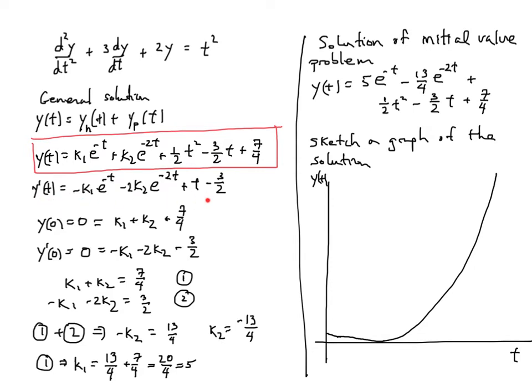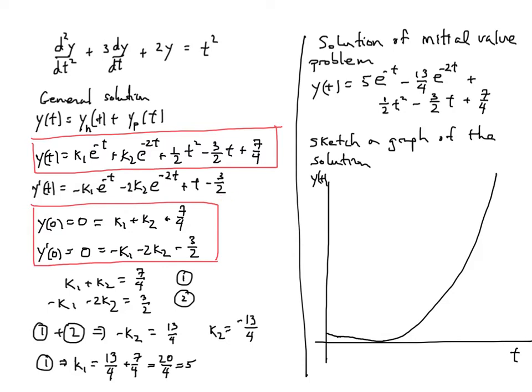And so taking the derivative of y, I have this, and then my two initial conditions that were given said that y at 0 is 0 and y prime at 0 was 0. Plugging 0 into y of t, I have a k1, a k2, and just a 7/4. Plugging 0 into y prime, I have a minus k1, a minus 2k2, and a -3 halves.